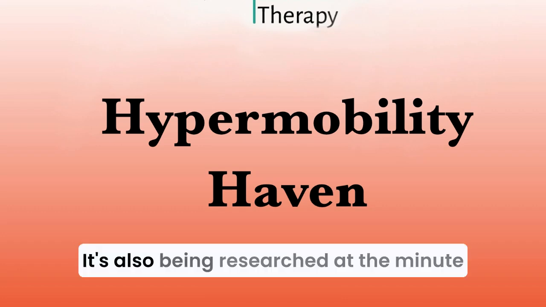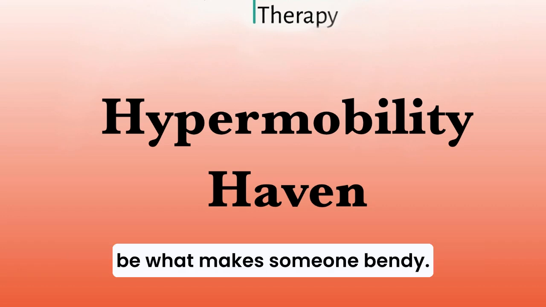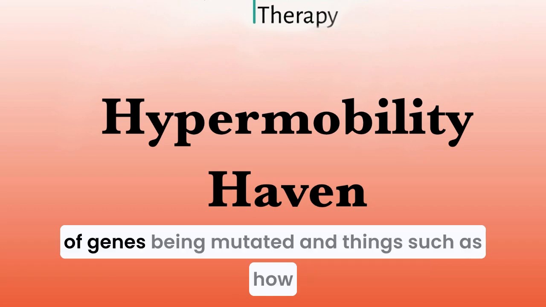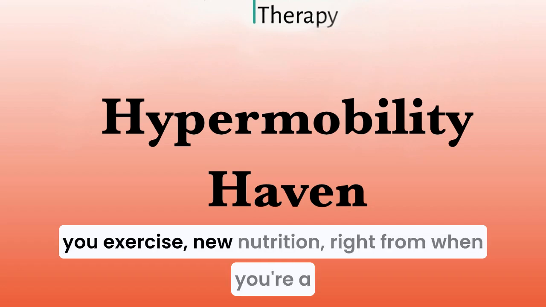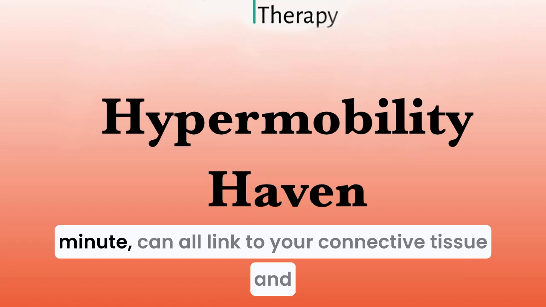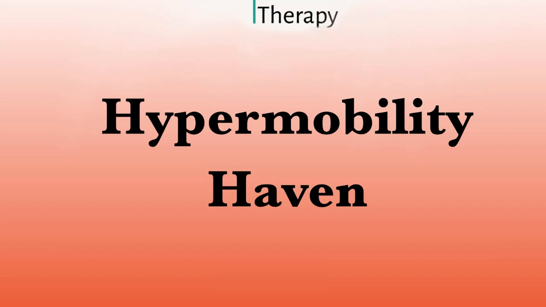It's also being researched at the minute that small mutations in several genes can be what makes someone bendy, and this spectrum can be created from a variety of genes being mutated. Things such as how you exercise and your nutrition right from when you're a child up to however old you are at the minute can all link to your connective tissue and cause them to have problems.